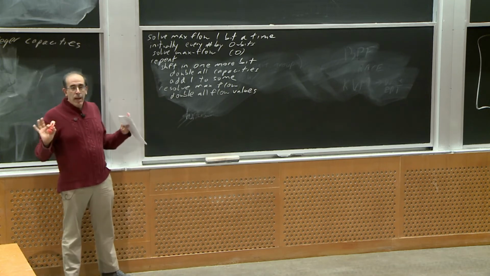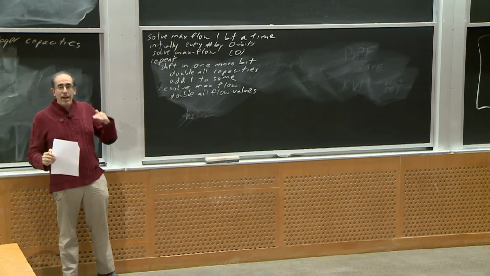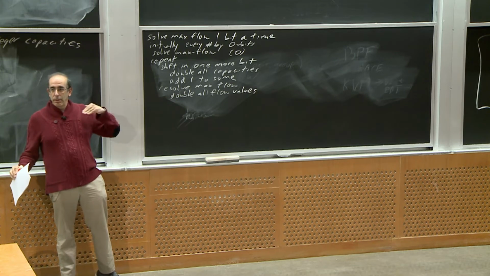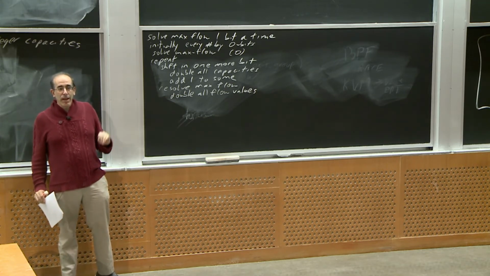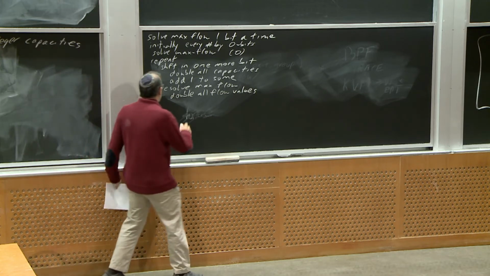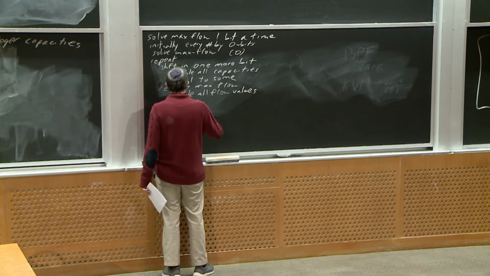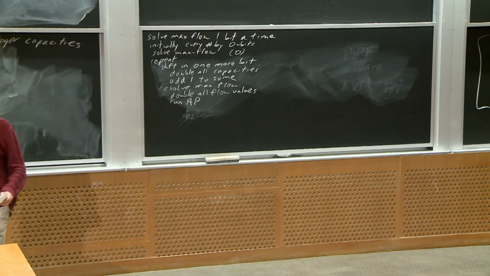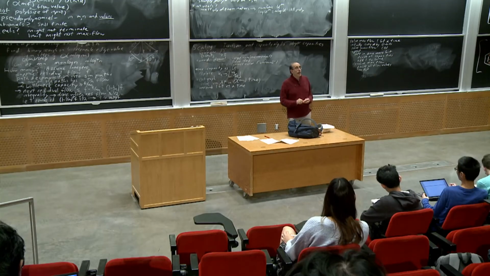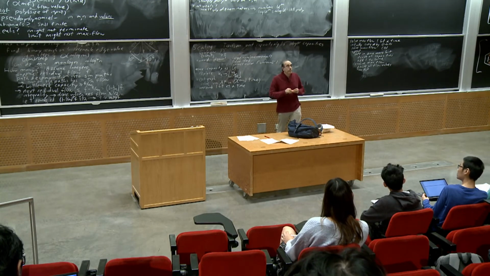But we might not have a max flow at this point because we have increased some capacities by adding 1 after the doubling. So we still need to find a max flow. How are we going to find it? We're going to run augmenting paths again. And so now the key question: how long does it take me to run augmenting paths after I have doubled everything?